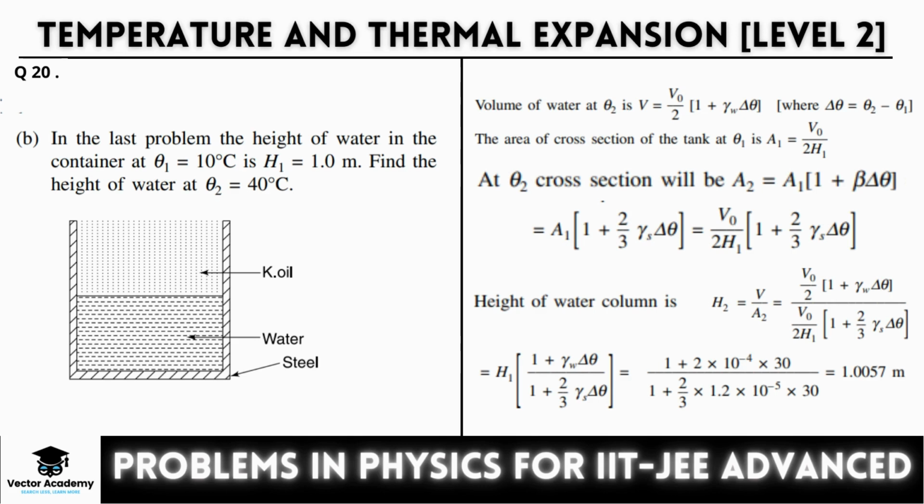At θ2 the cross-section will be A2 equals A1 into 1 plus beta into delta theta equals A1 into 1 plus 2 by 3 gamma s delta theta. Height of water column, H2 equals V divided by A2. Solving it will give height of water at θ2, H2 equals 1.0057 meters.